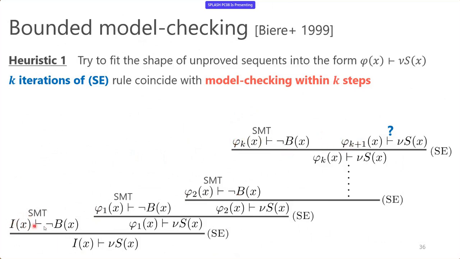If one of the phi i does not imply the negation of B, then we obtain a counterexample within k steps against the safety.